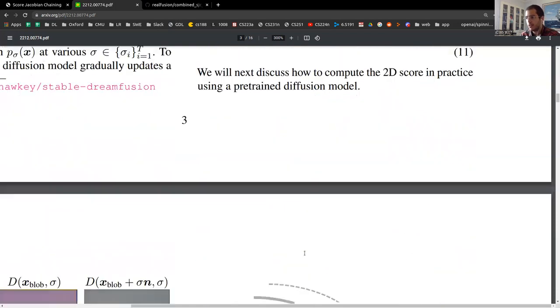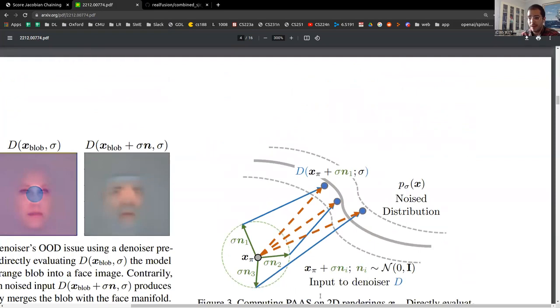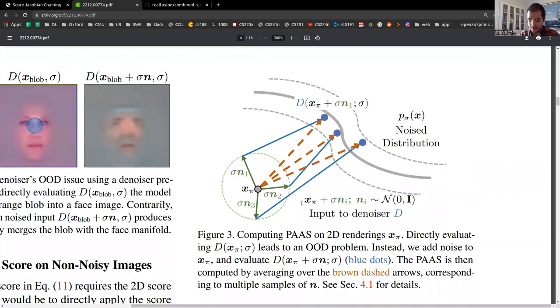So now I will explain it geometrically. What is actually happening behind all of these calculations? Let's say that we have a point. A point is a rendering of the 3D shape, which is two-dimensional. I added a little bit of noise so that this is a 2D image.